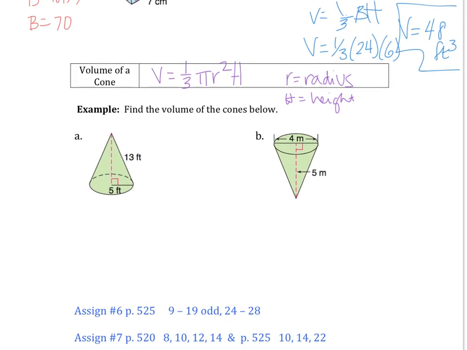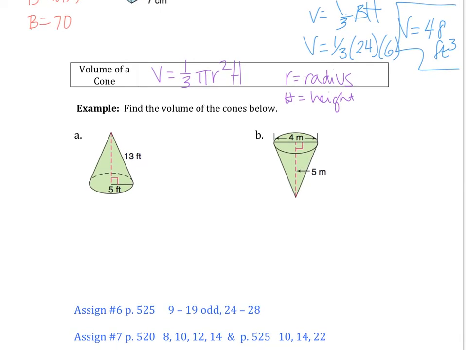Okay, moving down here to our two examples. The first one says find the volume of the cone. Looking at what I need, volume equals 1/3 pi times radius squared times height. Looks like I've got my radius. Looks like I've got my slant height, so I need to find my height over here of my cone. So I'm going to set up my Pythagorean theorem here.